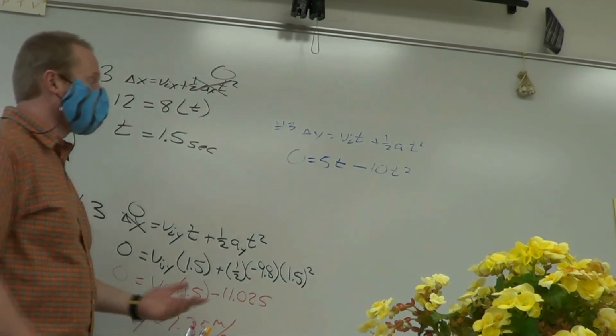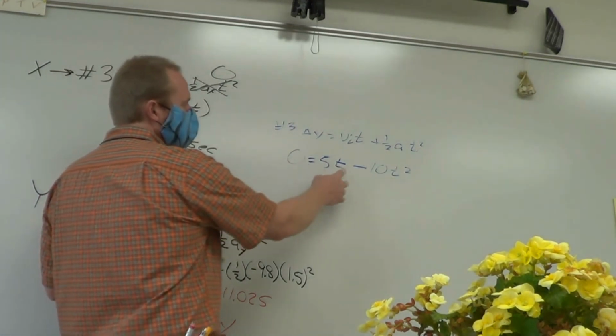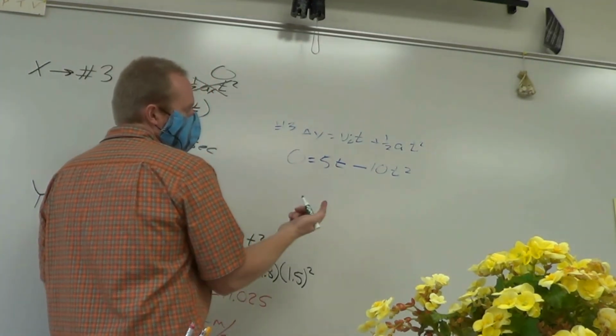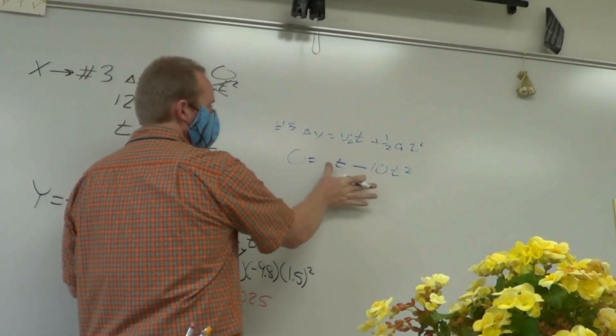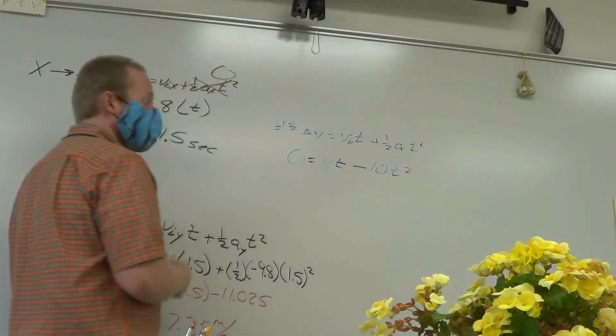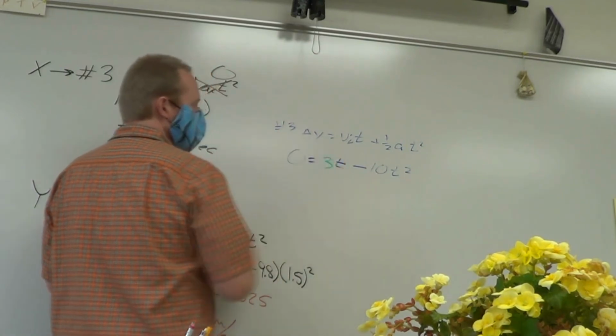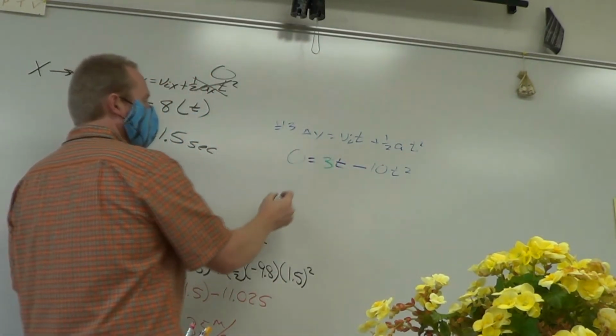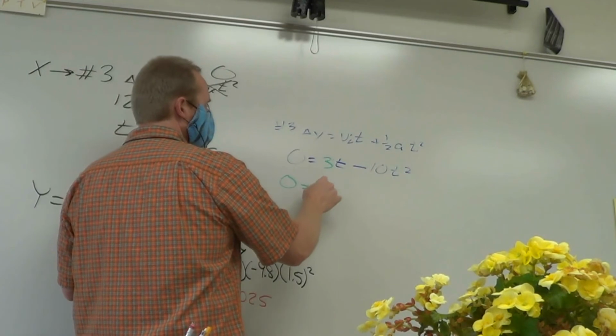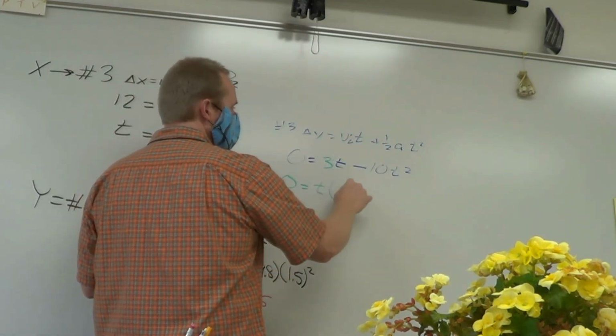Because you have a t and a t squared, you factor out, let's make this a little different, say 3t. What often we would do is factor out a t.